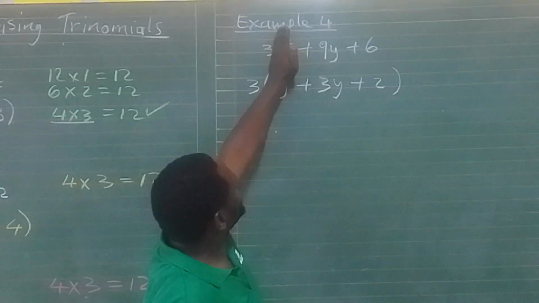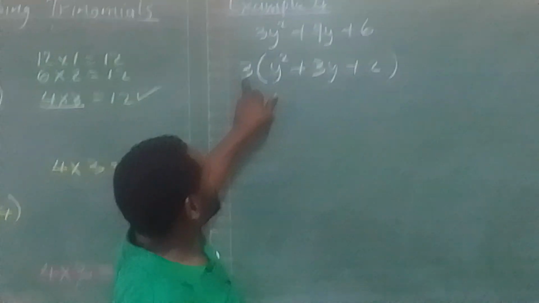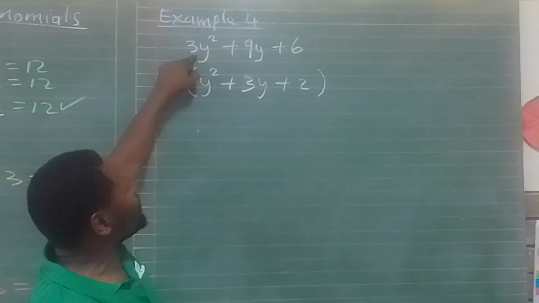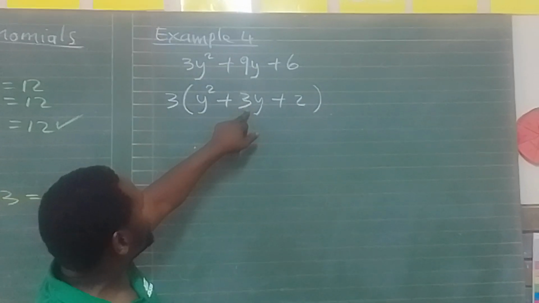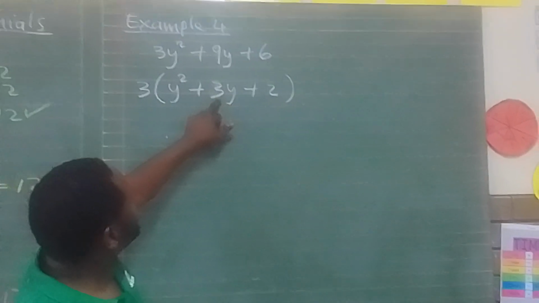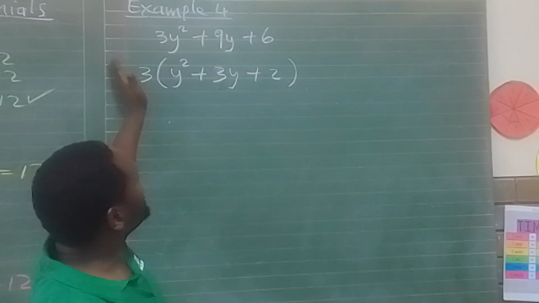Here, this out. Now, you put a y squared, because when you multiply a 3 times y squared, you are going to get 3y squared. Then I remove a 3 from 9, which is the common factor of 3. How many 3s are in 9?